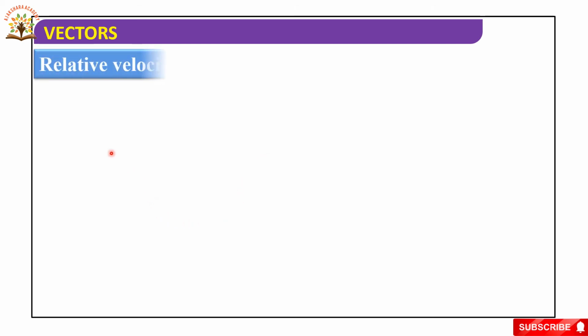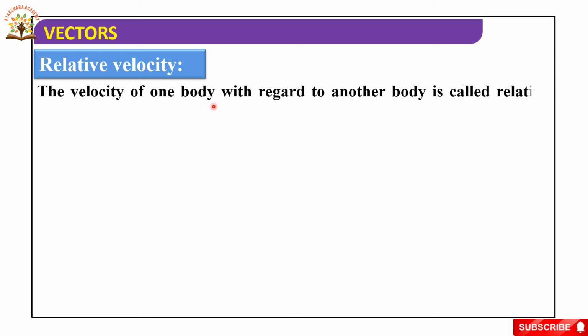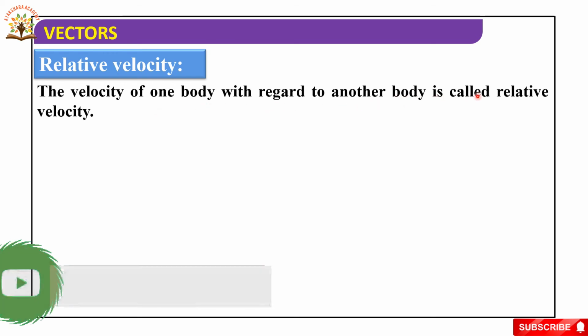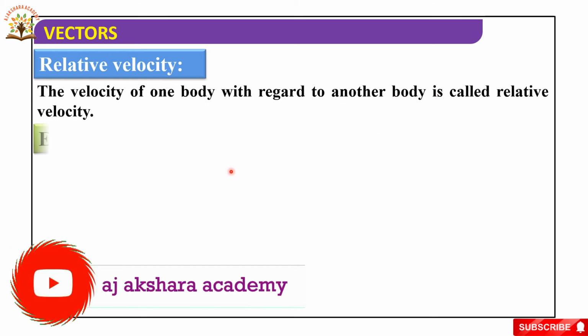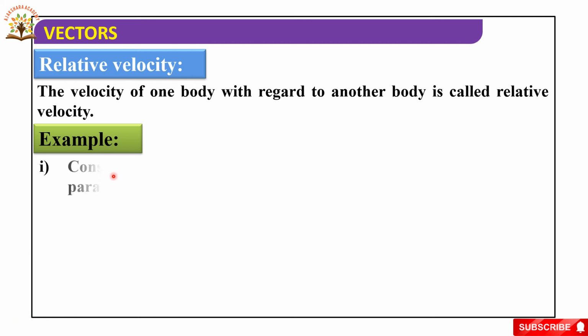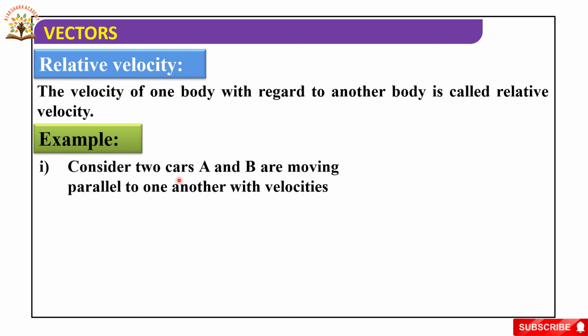Now, relative velocity. The velocity of one body with regard to another body is called relative velocity. So now we'll discuss an example. Consider two cars A and B moving parallel to one another with velocities VA bar and VB bar.